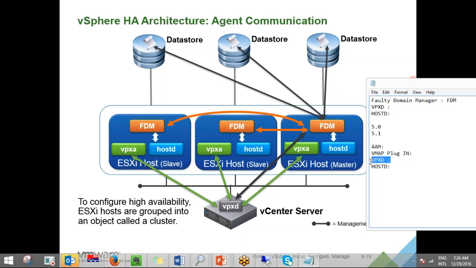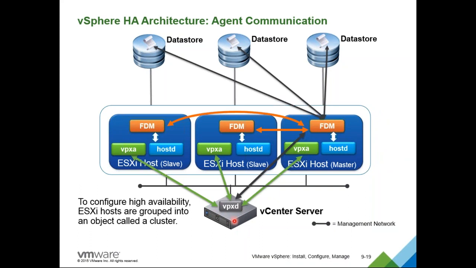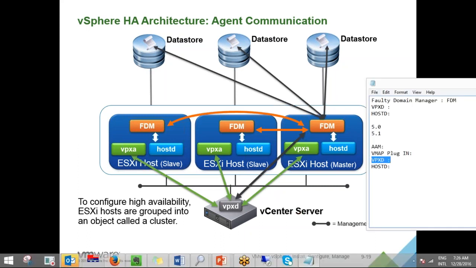VPXD runs on your vCenter server. This agent helps the vCenter server communicate with the ESXi host. The VPXD daemon will be installed as a service on your ESXi host, that is the VPXA agent, and VPXA will talk to the hostd daemon. Hostd is installed on your ESXi host by default.